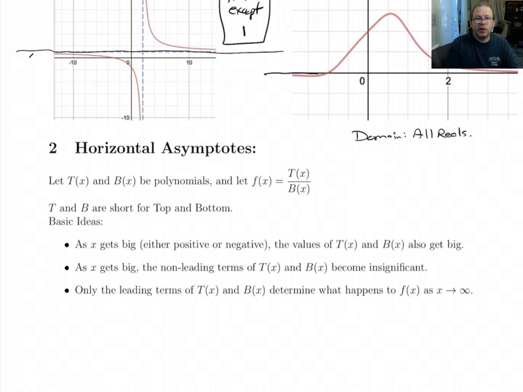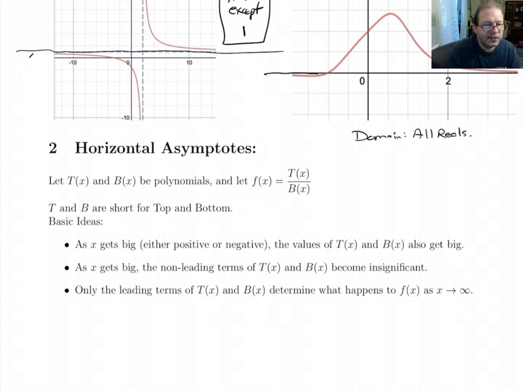That's because polynomials have end behavior where, on both ends, if it's even, both ends will either go up or go down. And if it's odd, one end will go up and the other down, or the other way. But however it works out, if it's a polynomial, when x gets big, it's going to go up to infinity or down to negative infinity. It's going to be big in magnitude.